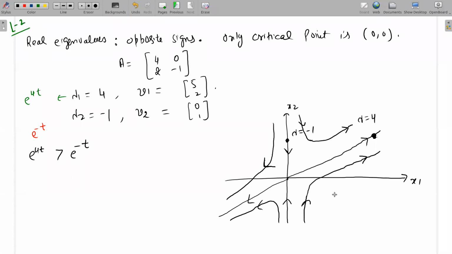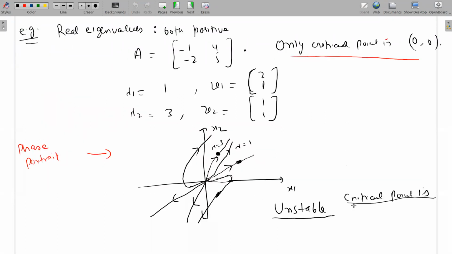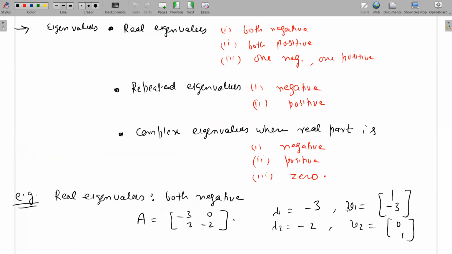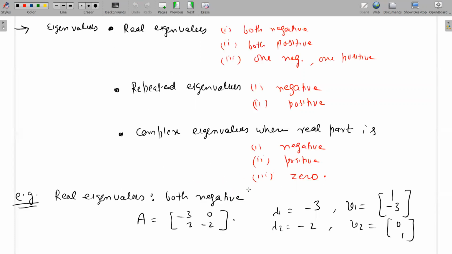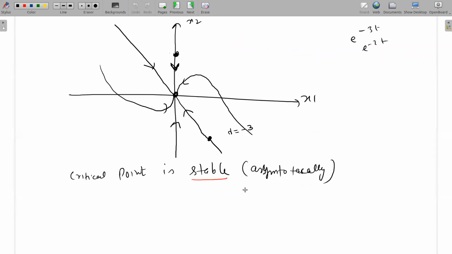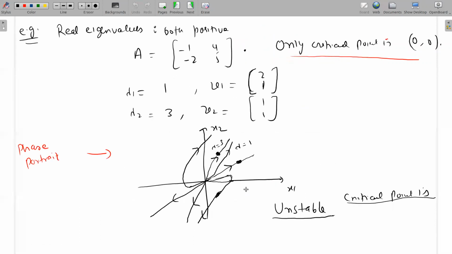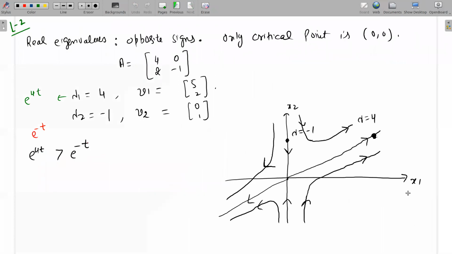And this is an example of, as we discussed previously, the first case was stable, even asymptotically stable, when you had both negative eigenvalues, so you are going towards the origin. The second case was when you have two positive eigenvalues, so you are going away. In that case the critical point is unstable.